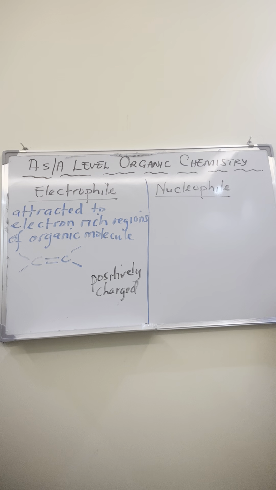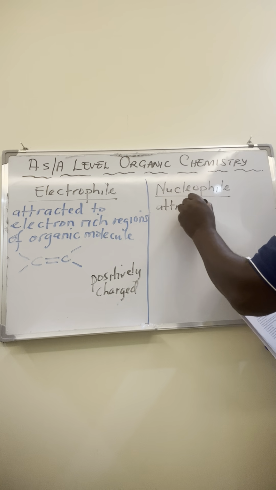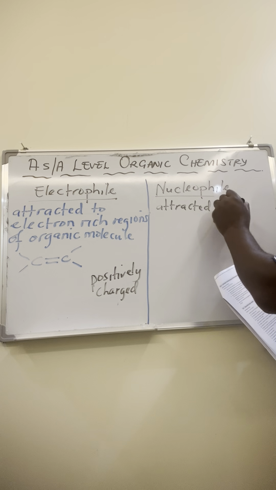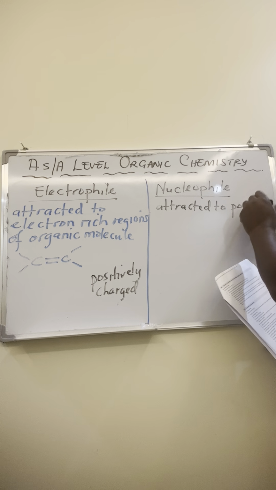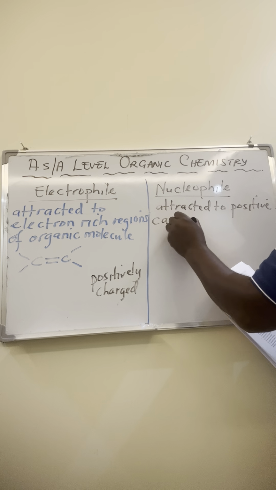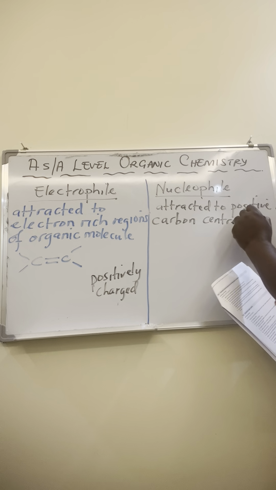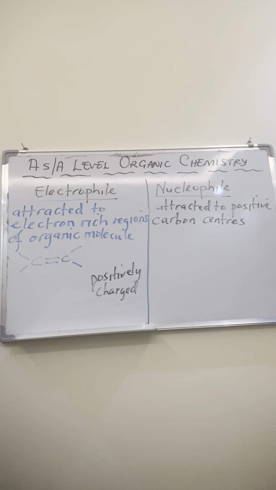Let's switch over to nucleophiles. These ones are attracted to positive carbon centres, okay? You're going to find that as we develop our concepts in organic chemistry, we're also going to call them carbocations.